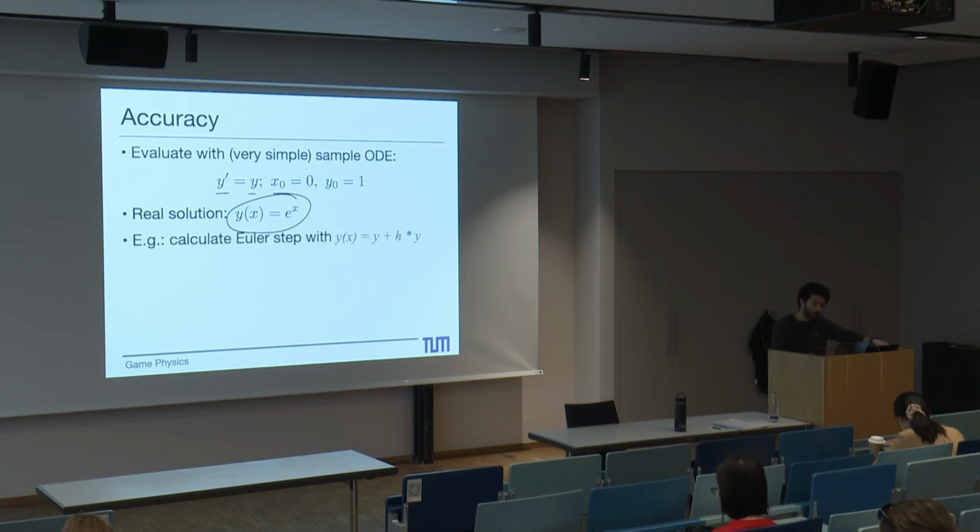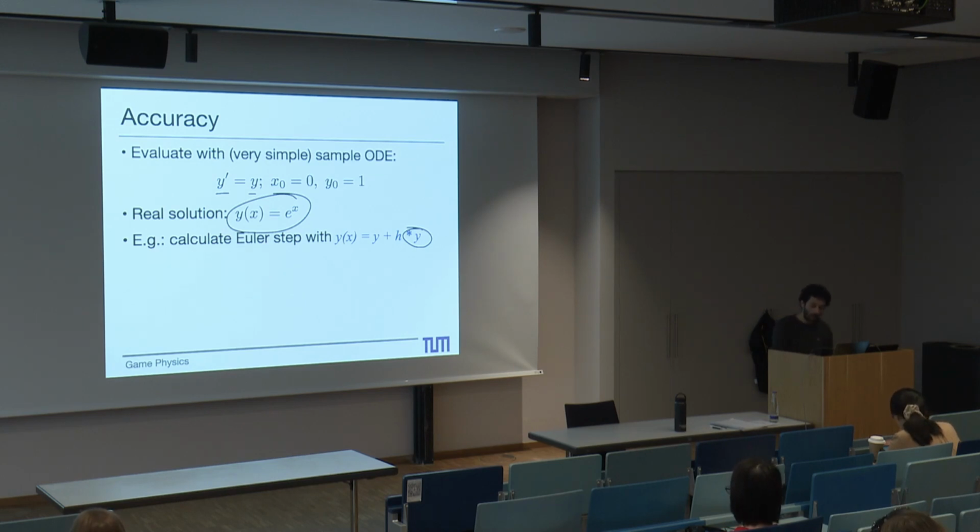The calculation is also very simple, because if we substitute the value of y prime in the Euler step, then we are just summing a scaled value of the current function. So this works like an accumulator of some sort, and that's relatively simple to implement.